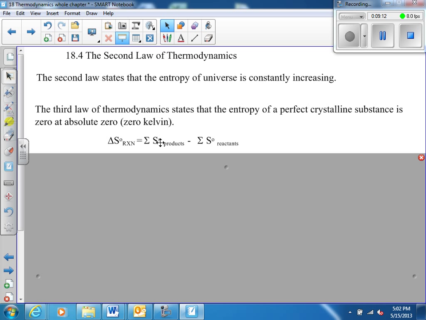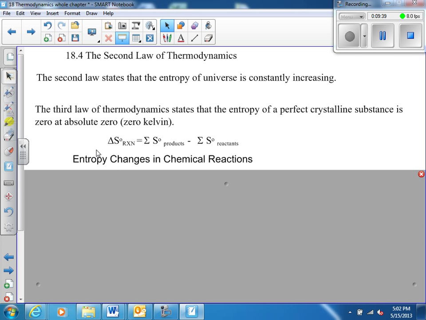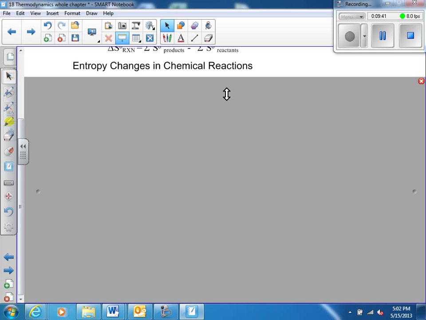That little naught there stands for standard conditions, 1 atmosphere pressure and 25 degrees Celsius. So the standard entropy change for a reaction, delta S reaction, is the sum of the entropy of the products minus the sum of the entropy of the reactants. You should be able to do this as we did in the enthalpy chapter.